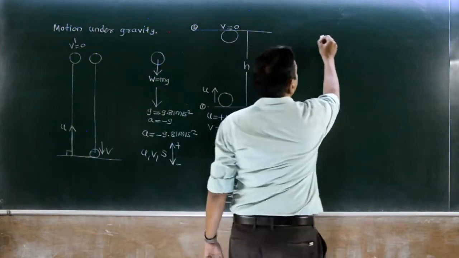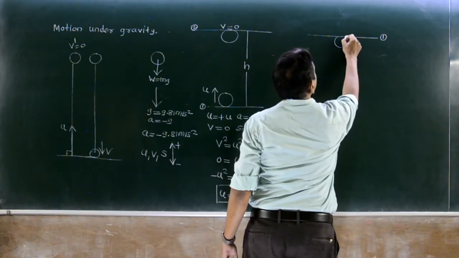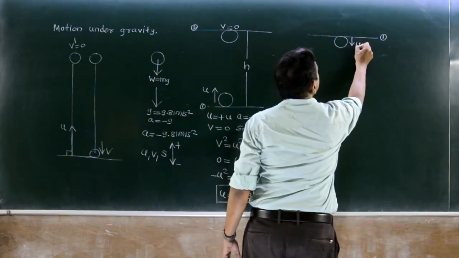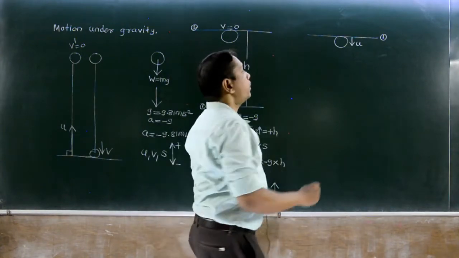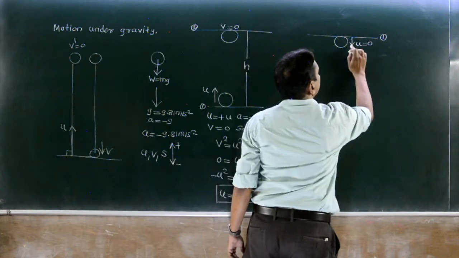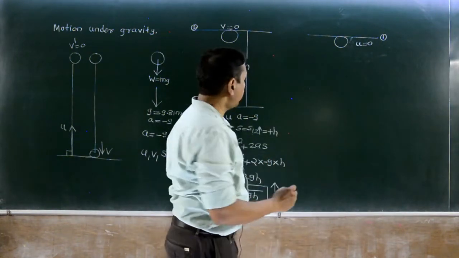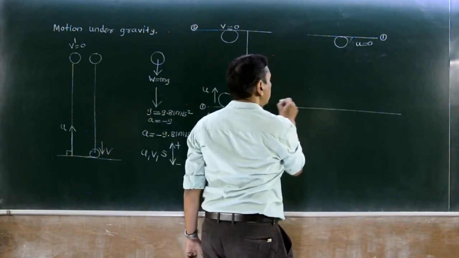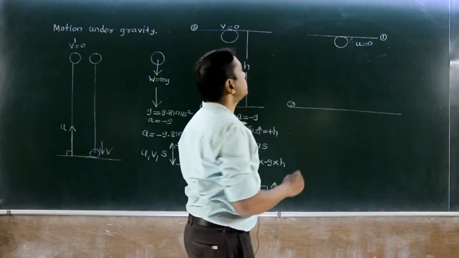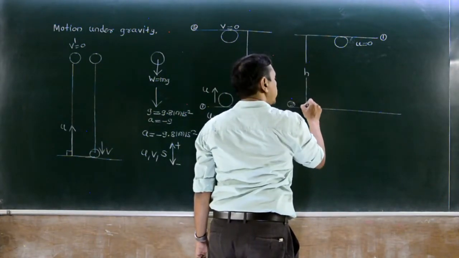In that, one more case is there. An object is dropped from level 1 with downward velocity u, okay, from rest. Definitely it will go down to the new level 2, through a height h.